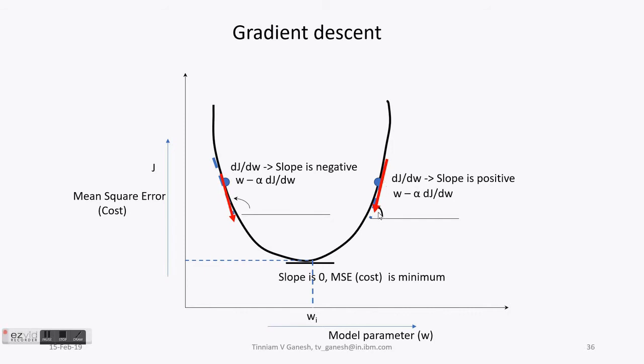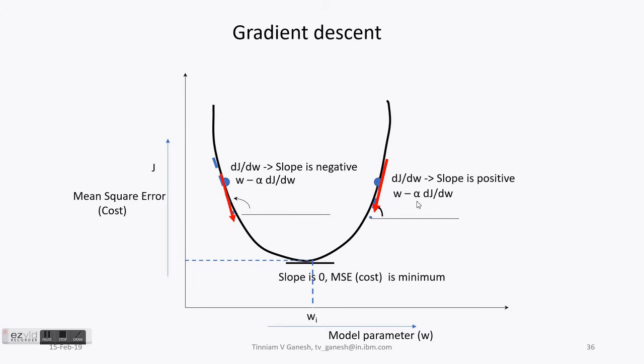Slope is y2 minus y1 divided by x2 minus x1. So on this side of the curve, the slope will be positive. The slope is dJ divided by dW, okay? For a small change in weight, what is the change in cost? This slope will be positive.